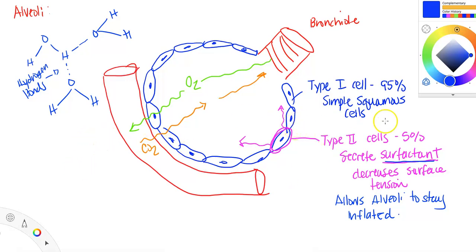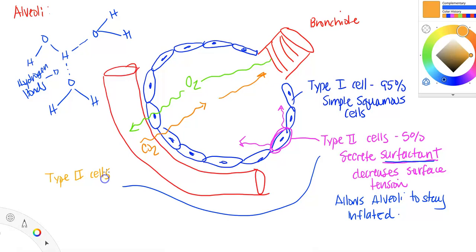Okay, a second function of type 2 cells is that type 2 cells also actively transport solutes out of the alveoli.